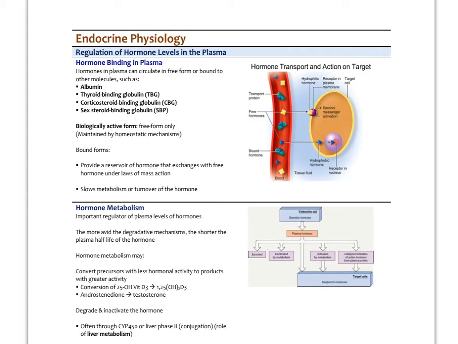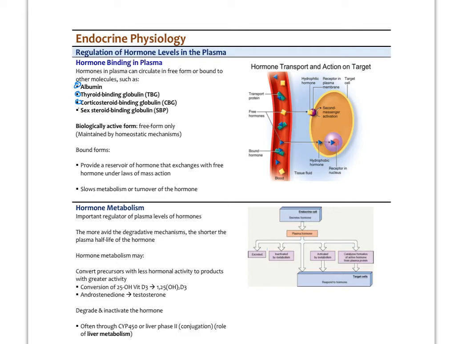Another mechanism that regulates plasma hormone levels would be the binding globulins. So again, many lipophilic or hydrophobic hormones have to be carried by carrier proteins. Albumin is kind of a carrier for everything, so that can sometimes carry proteins, but thyroid has its own specific thyroid binding globulin. Cortisol has its own corticosteroid binding globulin.